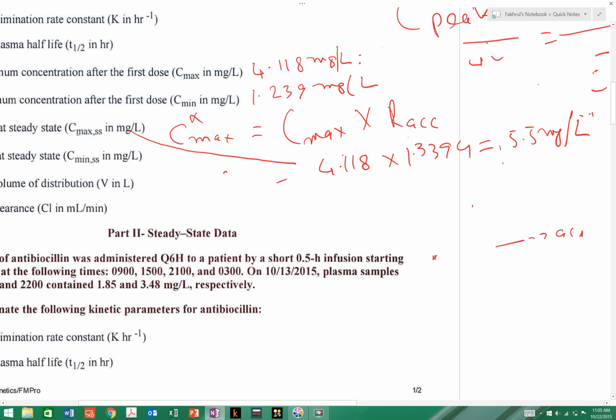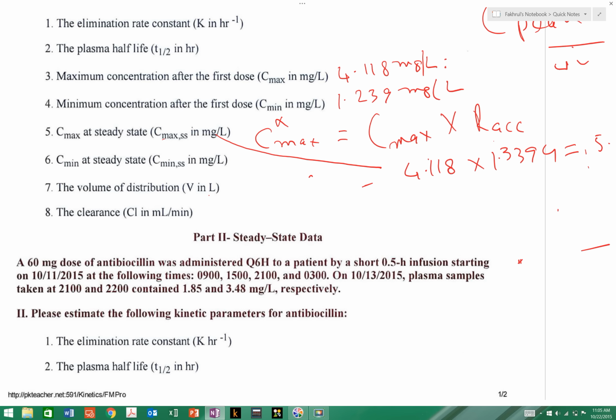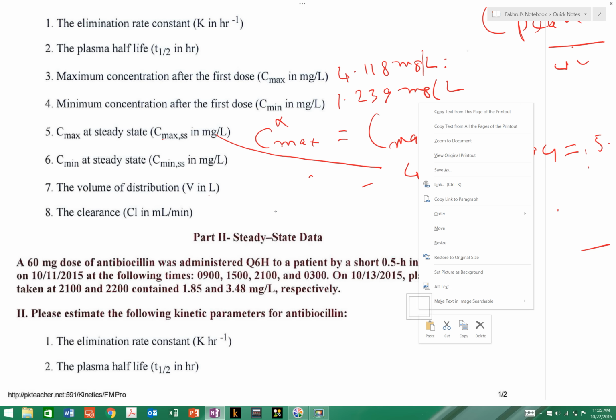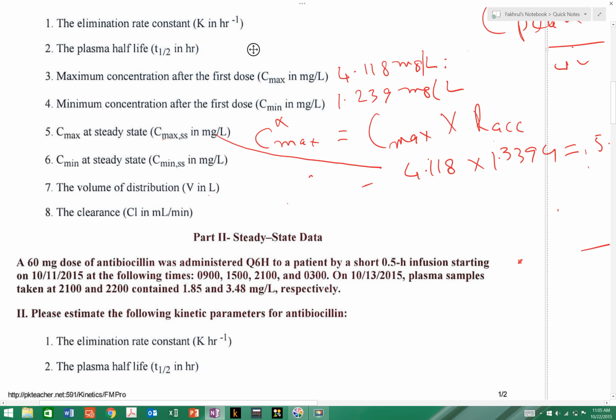To calculate Cmean at steady state, same thing. Cmean at steady state is Cmean first dose times RSCC.